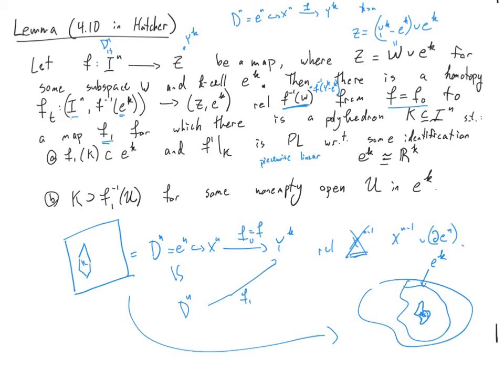Now, piecewise linear means that I'm taking EK, which is blobby, right? It's something in some abstract topological space, and I'm turning it into a subspace. I'm identifying it with RK. And so now when K is mapped over, here's F of K, some sort of image.